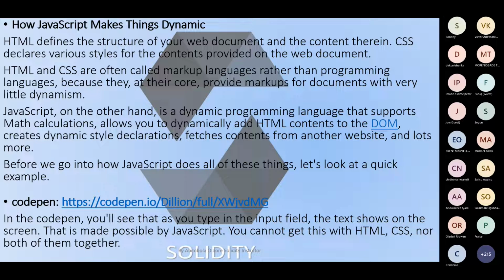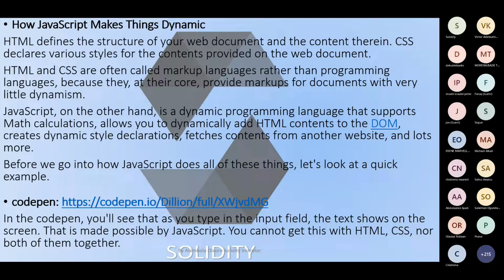HTML and CSS are often called markup languages rather than programming languages. Note this: HTML and CSS are not programming languages because at their core they provide markups for documents with very little dynamism.